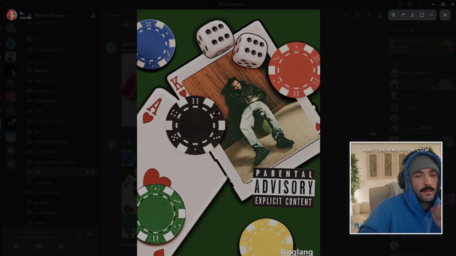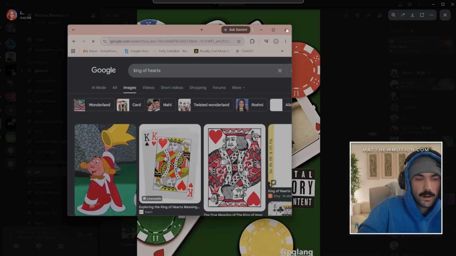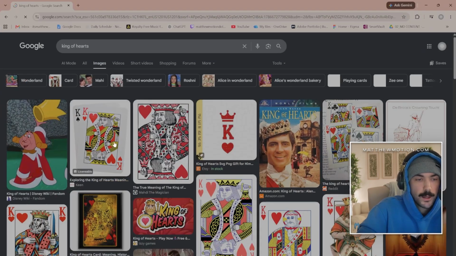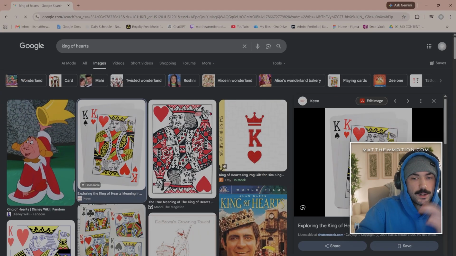Now, the last note that I'll give you that will immediately improve this is here. I'm going to pull up a King of Hearts. If you're familiar with what the actual card looks like, a King of Hearts actually does this thing where it flips itself. You see the little slit? You can't really see this here, but you can see it here.